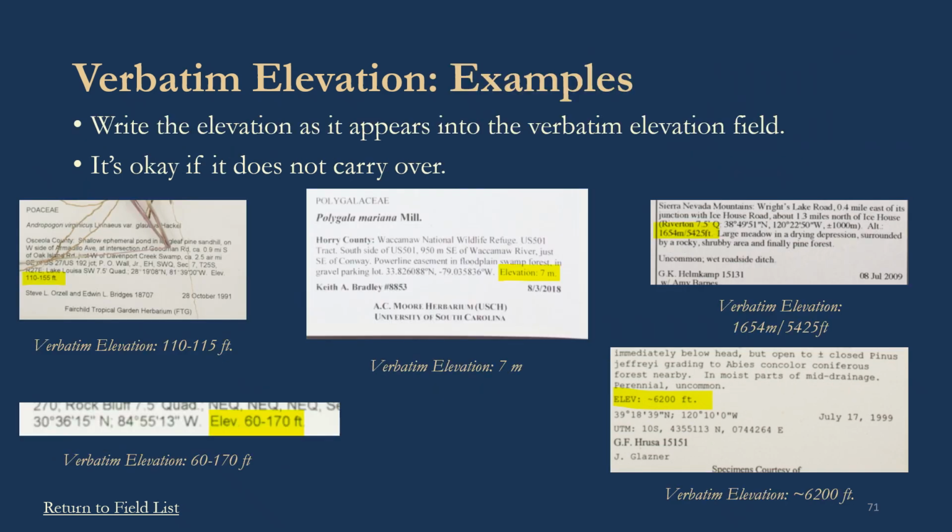Here are some examples of verbatim elevation on herbarium specimen labels. Again, write the elevation exactly as it appears. It is okay if the verbatim elevation does not carry over to minimum and maximum elevation fields. The point is that the verbatim elevation is in the verbatim elevation field.